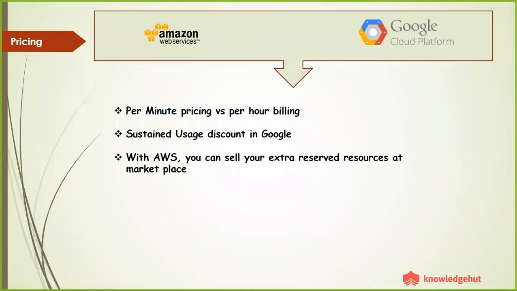But if you are not using those resources, then you can sell them in the market with AWS. Google doesn't have any such thing because they don't sell any such thing. Although just last month they introduced a new kind of pricing policy, which is still in beta, by the way, and which may change.